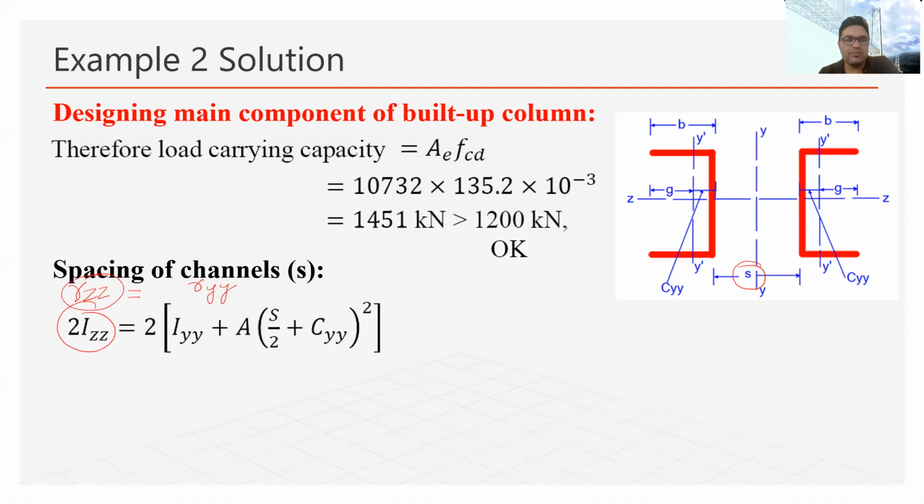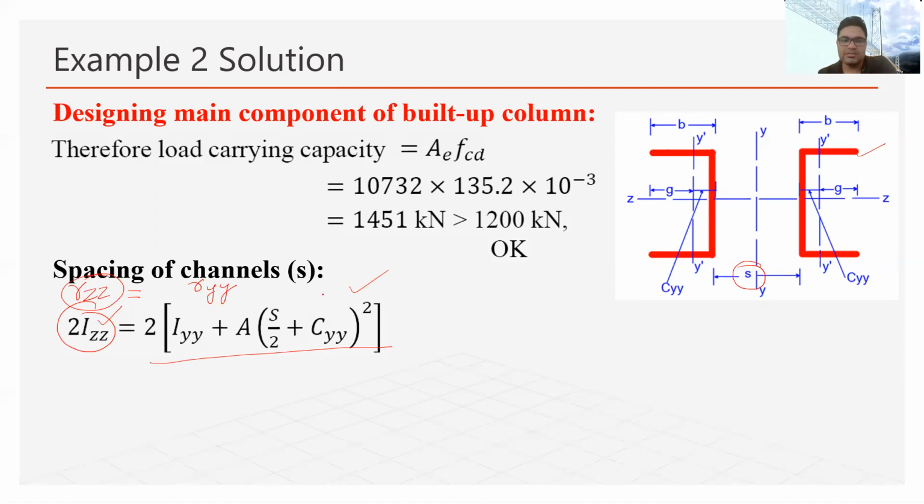For RZZ, you can see the individual channel section and the whole assembly, their Z-axis is on the same point, which means they are symmetric individually and as a whole. So that is why I'm taking directly IZZ and multiplying this by 2 because there are two channel sections. Similarly, using the same formula I have used in the previous example also, I have explained the process, how we find that.